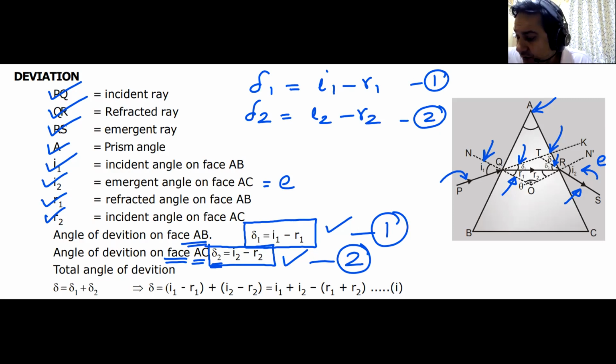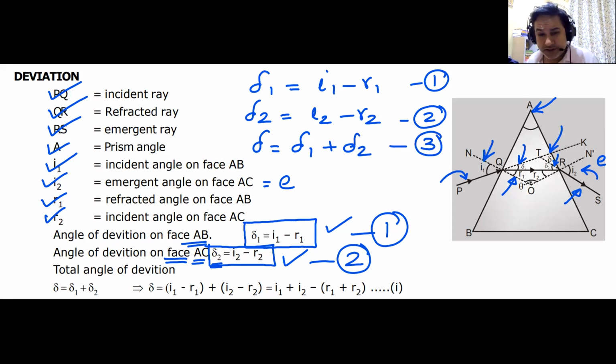And let me write the total angle of deviation. Just give me a moment. Okay. The total angle of deviation delta will be equal to delta 1 plus delta 2. So that becomes my formula number 3. Is everyone following me here?